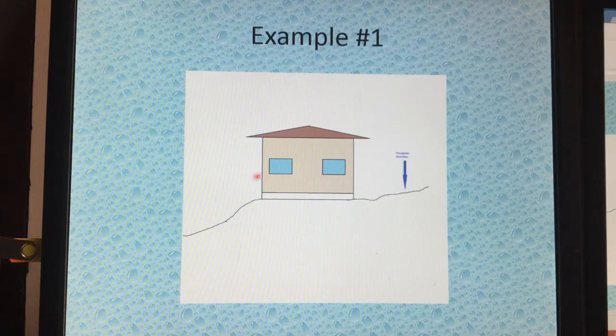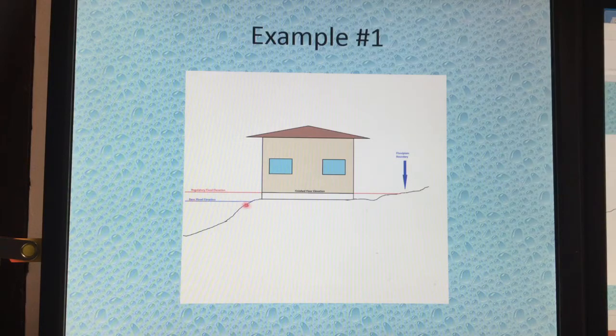So here's an example of a house, and you can see basically where the floodplain boundary is right in here, and the house is therefore in the floodplain, and the ground drops off to the left. If we look at the elevations of the floodplain in here, we find that the water surface elevation is actually coming in and hitting the ground right here. Now, we're assuming this house was built at some point. We knew what the elevations were, and so the house was built in accordance to Arizona law, which requires it to be up a foot higher.